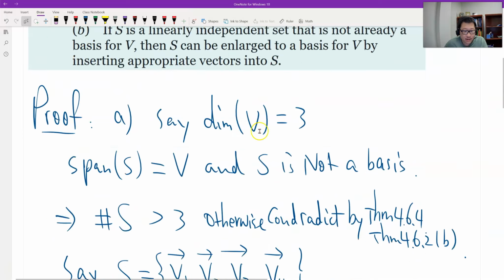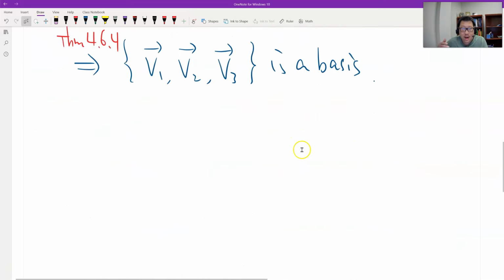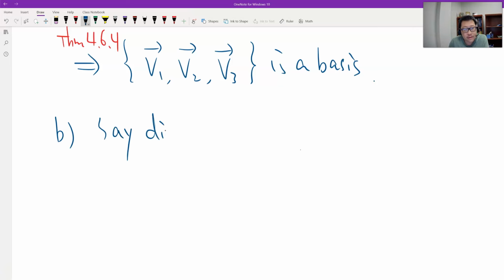So let's look at how to show B. Very similar. How to grow a set of vectors so that we can find a basis. We still look at the dimension being 3. We need a set of vectors that is linearly independent, but not a basis.